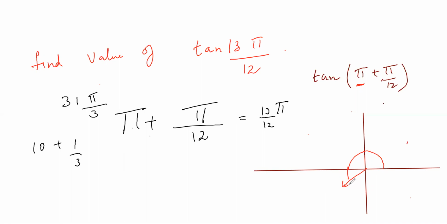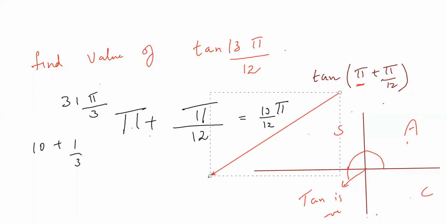So in the third quadrant, what is tan? In the third quadrant, all silver tea cups, or all school trust Cambridge, whatever you feel like. Here tan is positive. So I can write it directly as tan of pi by 12.